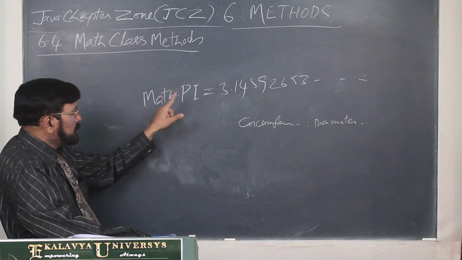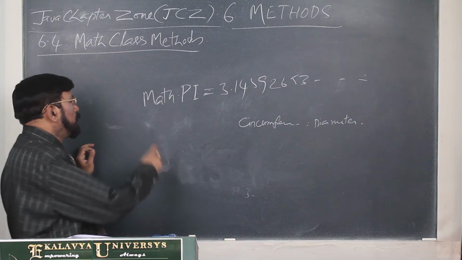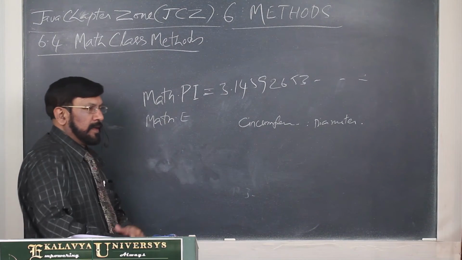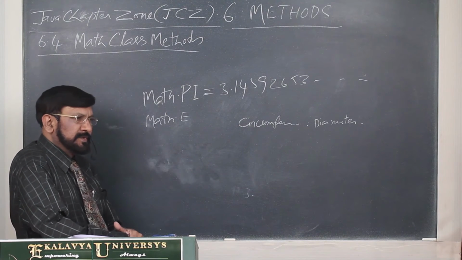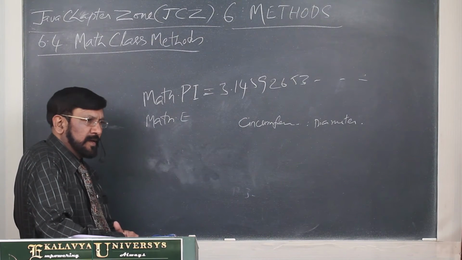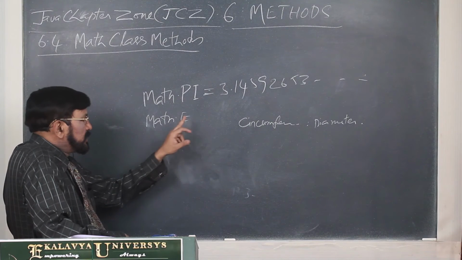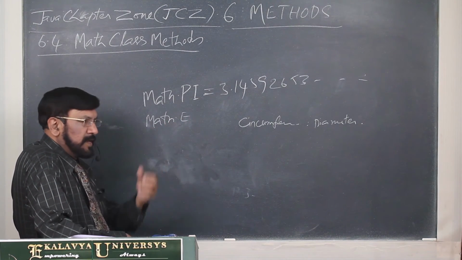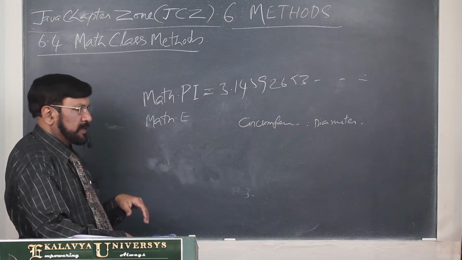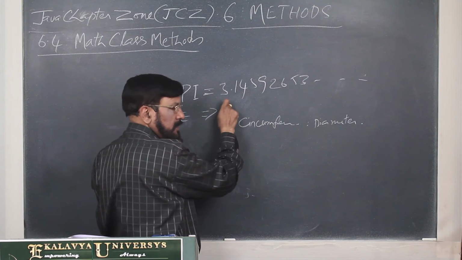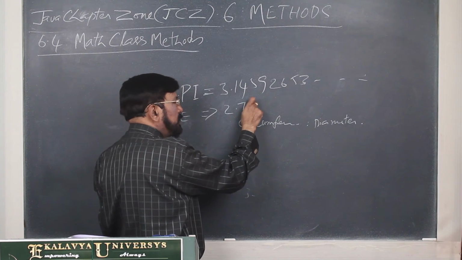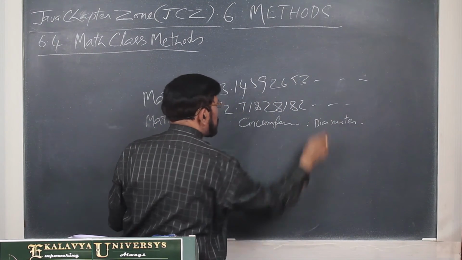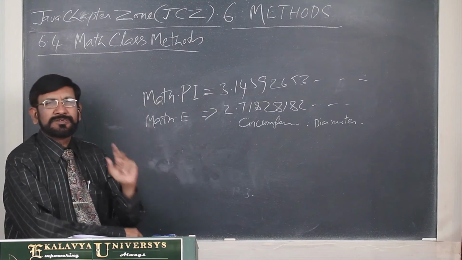That's why Math.PI. One more also, Math.E. This is the base value of the natural logarithm. Math.E represents the base value of the natural logarithm, and it is 2.718281828, etc. These are the two constants.